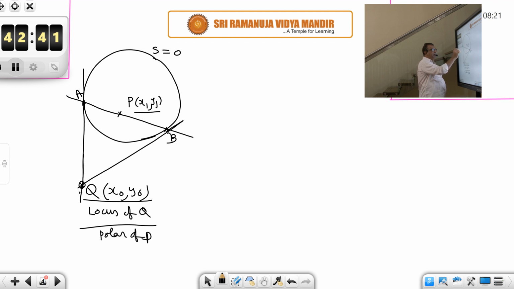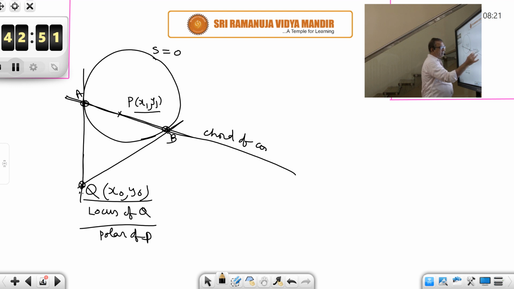And the points of contact are A and B, and we are joining A and B. Therefore, AB is the chord of contact of Q with respect to the circle. Q is x0, y0. Actually, if Q is x1, y1, then the chord of contact is S1 equal to 0. Because Q is x0, y0, the chord of contact is S0 equal to 0.